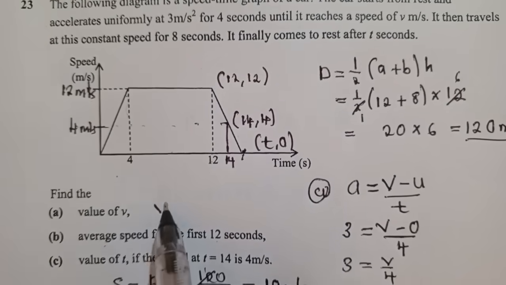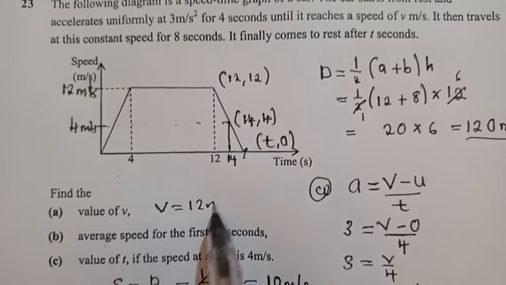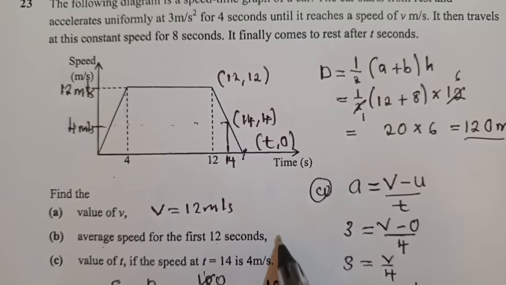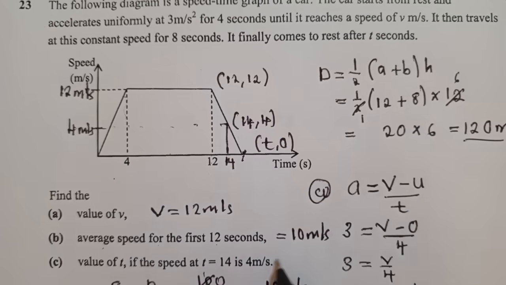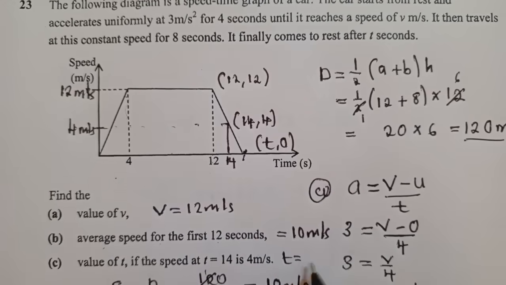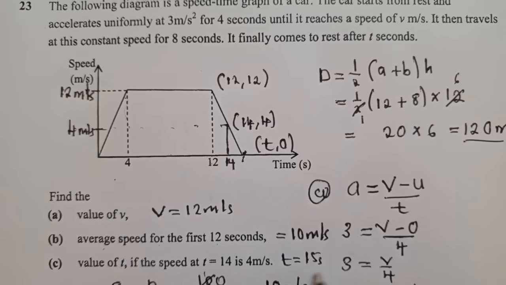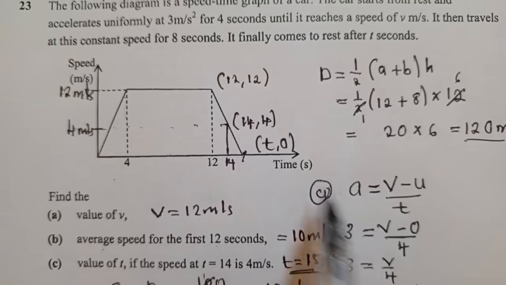The value of v here, v is equal to 12 meters per second. This is what we found. Speed was at 10 meters per second. Value of t is equal to 15 seconds. So the value of t here is 15 seconds.